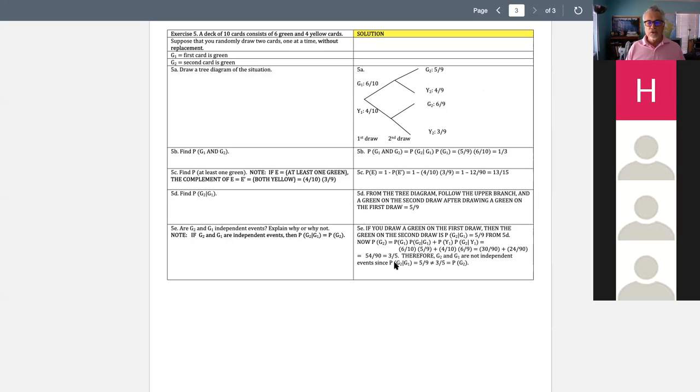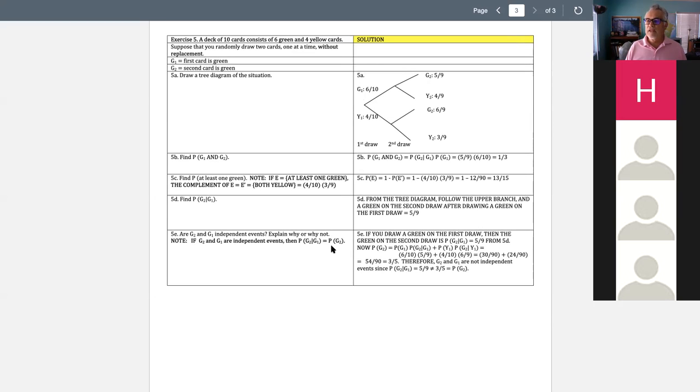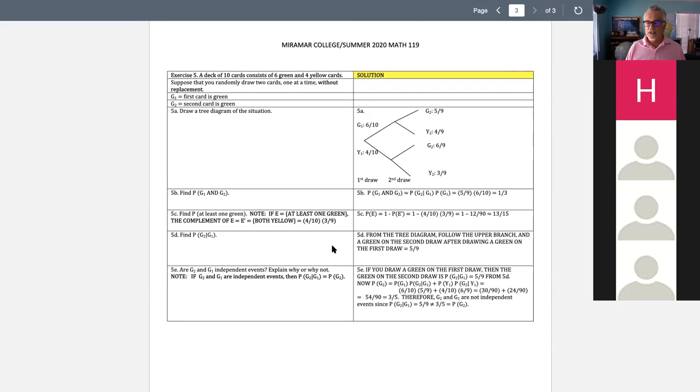The probability of G2 turns out to be 3/5. So there you have a contradiction if you assume that they were independent, so they're not independent. Any questions about any of these 5 exercises here?